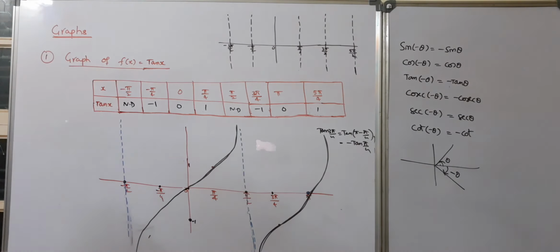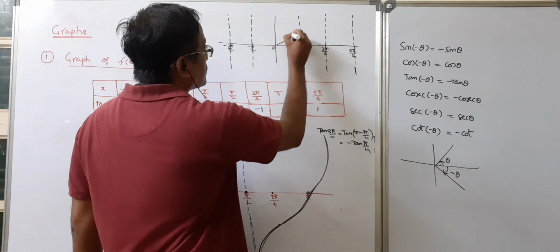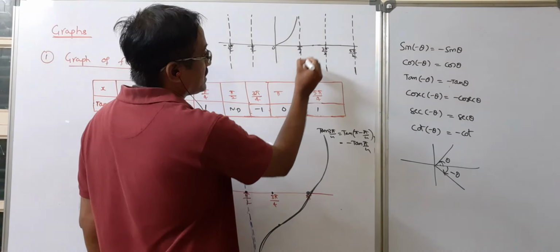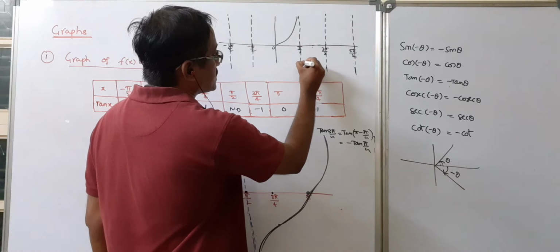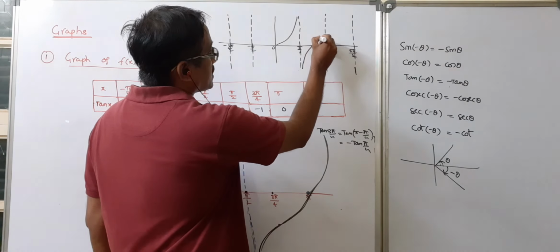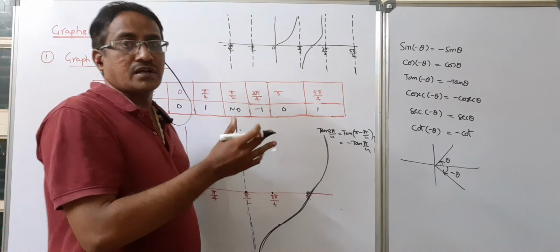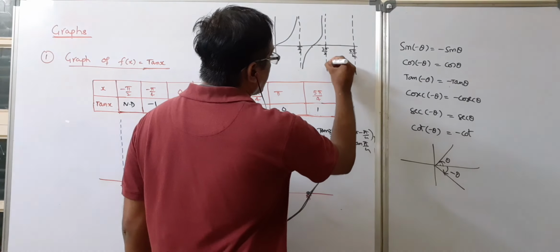Now, tan theta is positive in the first quadrant, so you need to draw the graph like this. And tan theta is negative in the second quadrant, pi by 2 to pi. So this is negative. And again in the third quadrant this is positive. After 3 pi by 2, that means we are in the fourth quadrant, and it is again negative.